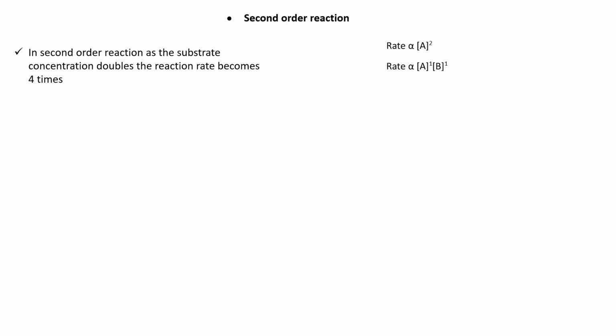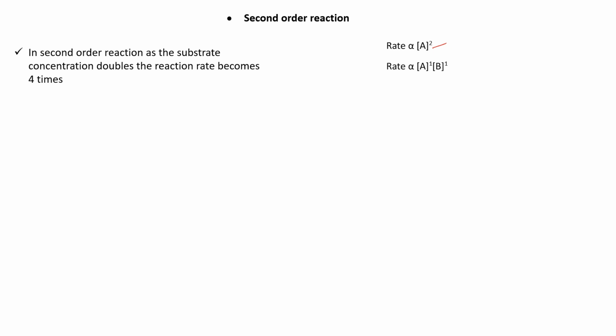What is second order reaction? In second order reaction, as the substrate concentration doubles, the reaction rate becomes 4 times. That means the rate of reaction depends upon the concentration of reactant, where the concentration of reactant is 2, or we can say 2 molecules of reactant are participating.